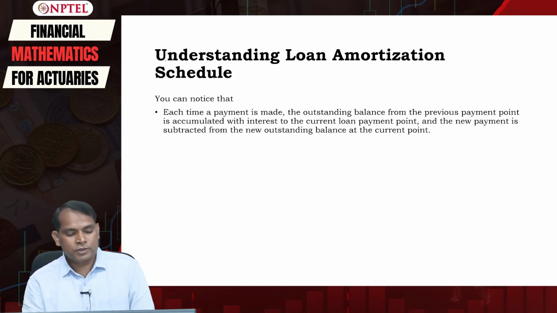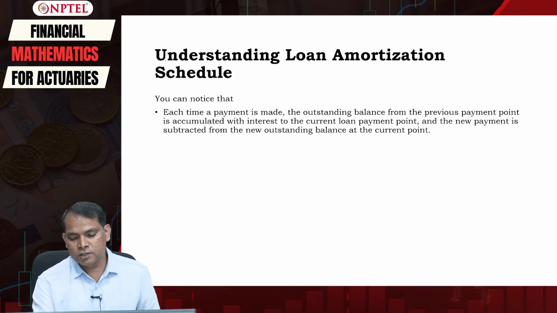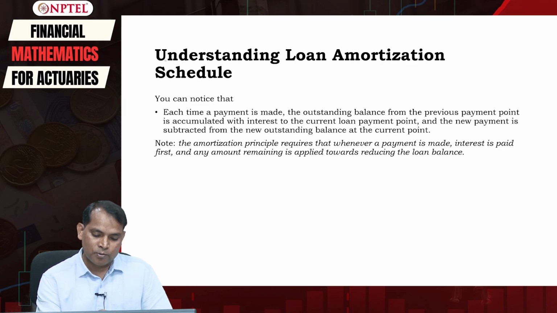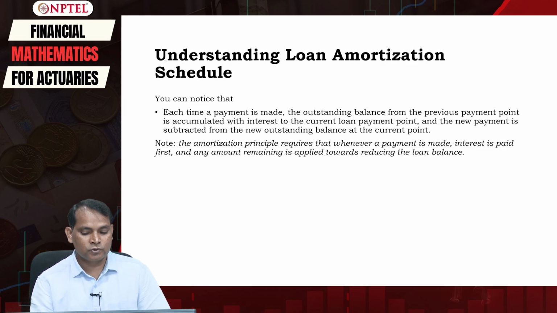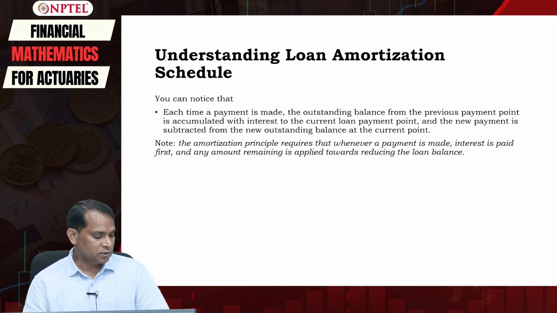So what you have noticed here, each time a payment is made, the outstanding balance from the previous payment point is accumulated with interest to the current loan payment point, and the new payment is subtracted from the new outstanding balance at the current point. Now, you have to note one thing, that the amortization principle requires that whenever a payment is made, interest is paid first and any amount remaining is applied toward reducing the loan balance.